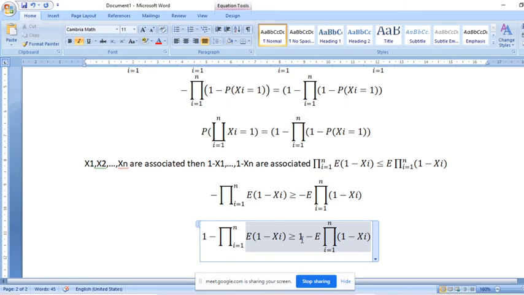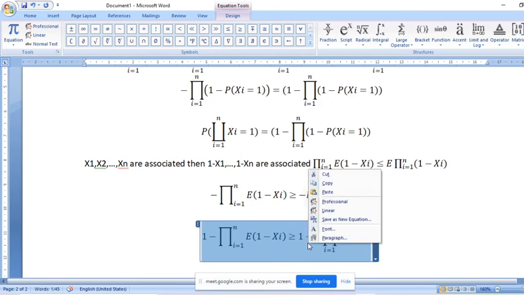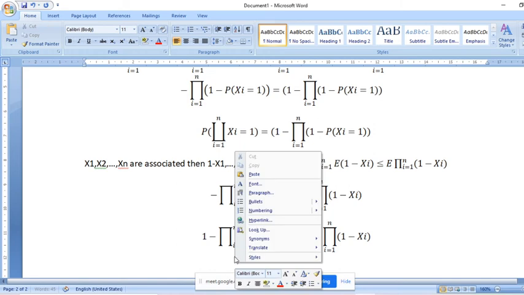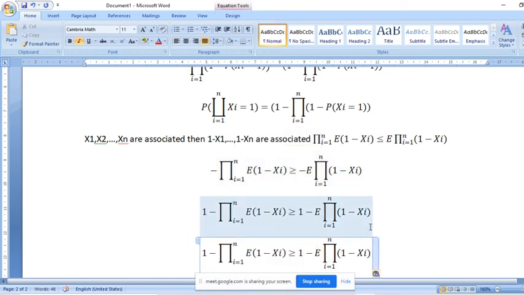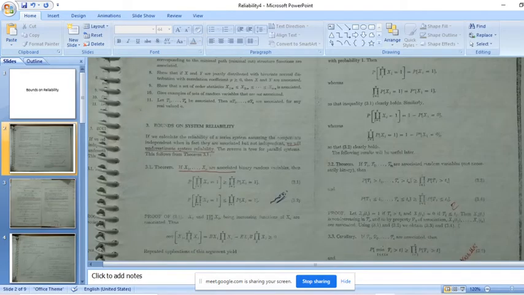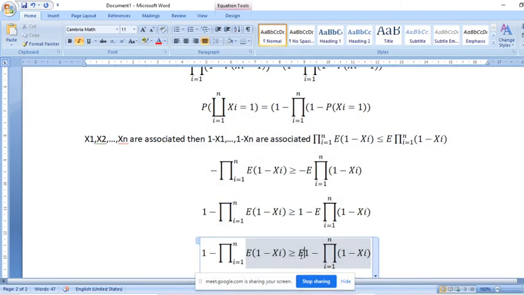Here we can take the expectation outside. Here we can take expectation inside.